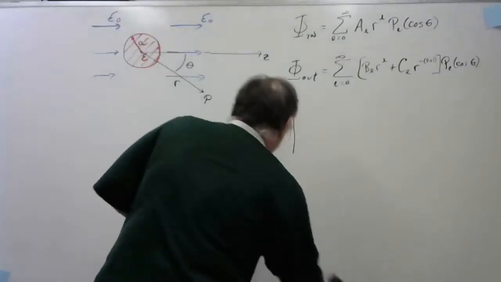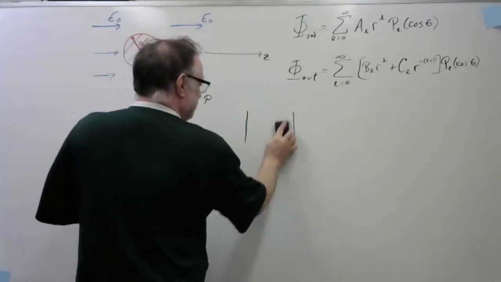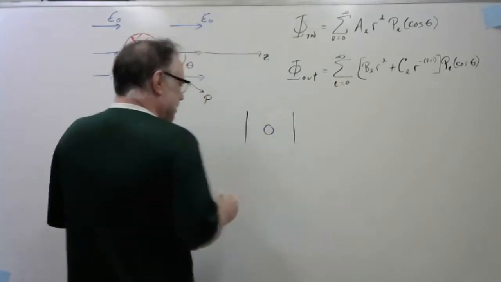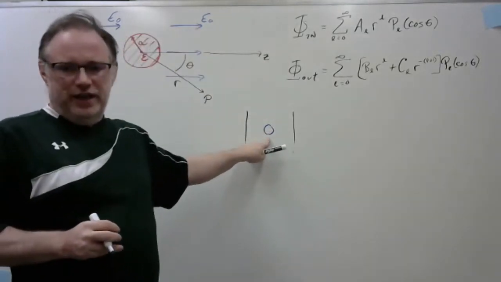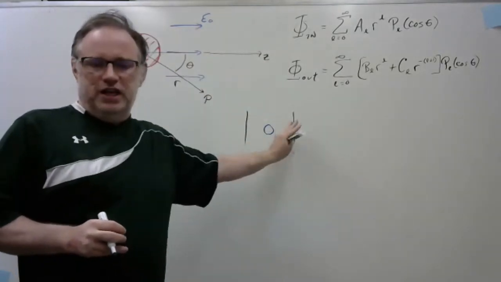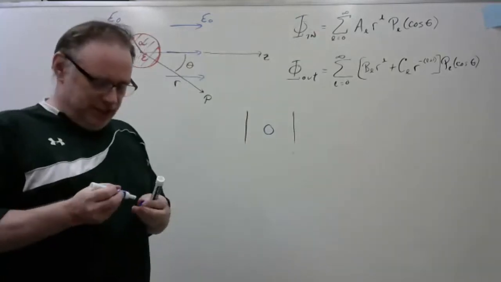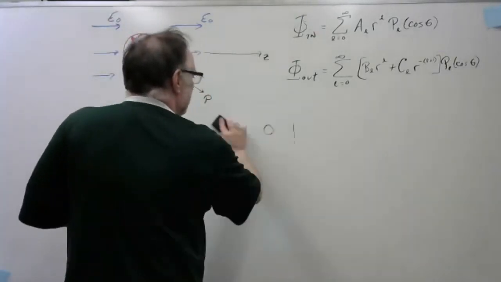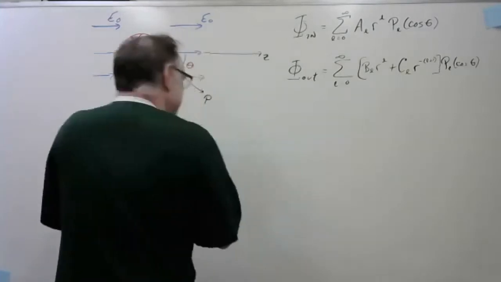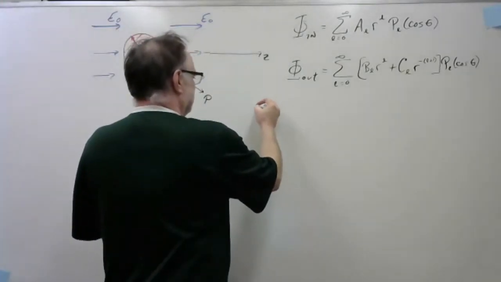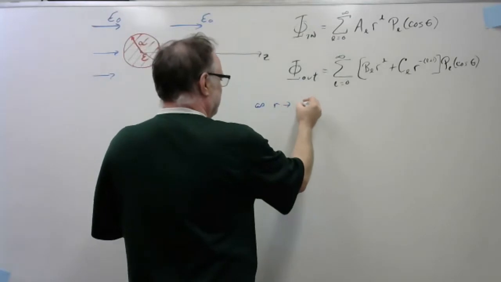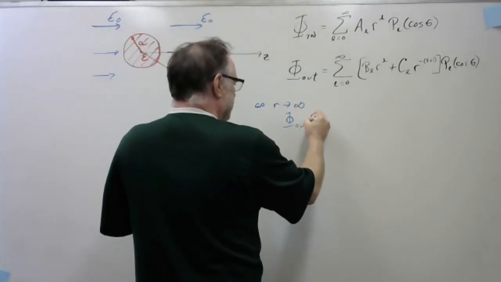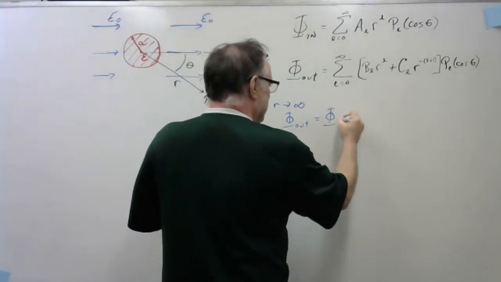So generally, when we're talking about those types of things, we'll do this. You say, okay, this is a little bit, or actually it's smaller than this, so that the external field is not really messed up by what's inside. All that is to say that as R goes to infinity, the phi out needs to match the potential of the field.